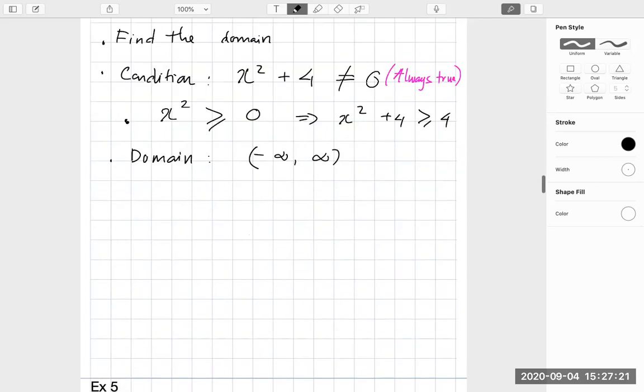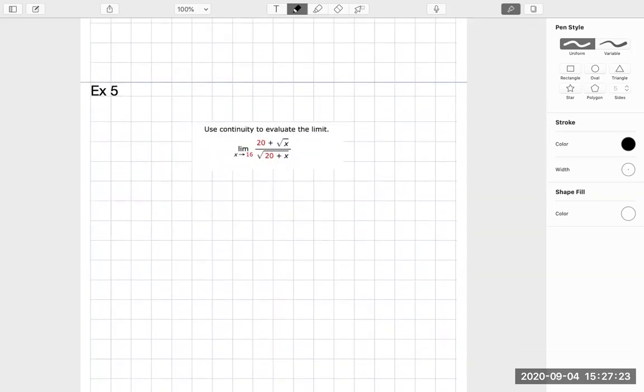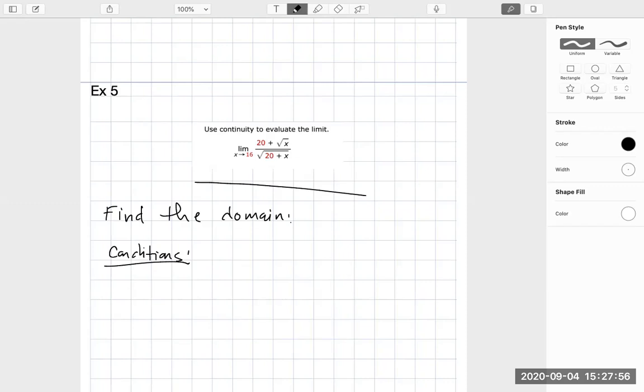Now, let us move on to another example. Use continuity to evaluate the limit of this function when x approaches 16. Very interesting. Now, let us find the domain of this function. What are the conditions?